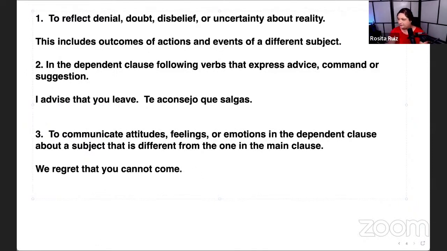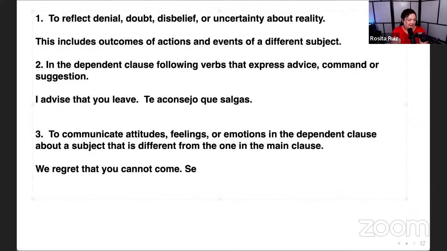So what if I said something like "qué lástima"? Is there going to be a different way to say that? Qué lástima que tú no puedes venir.